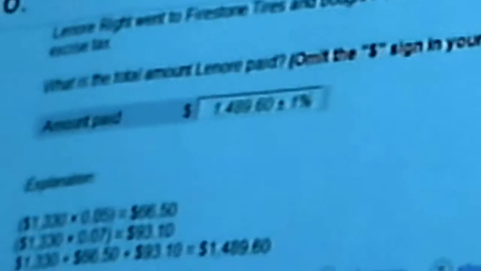So 1330 times 1.12, and you should get this amount. And that applies to the previous problem too. We had one like that, or maybe 2 of them, just like this.